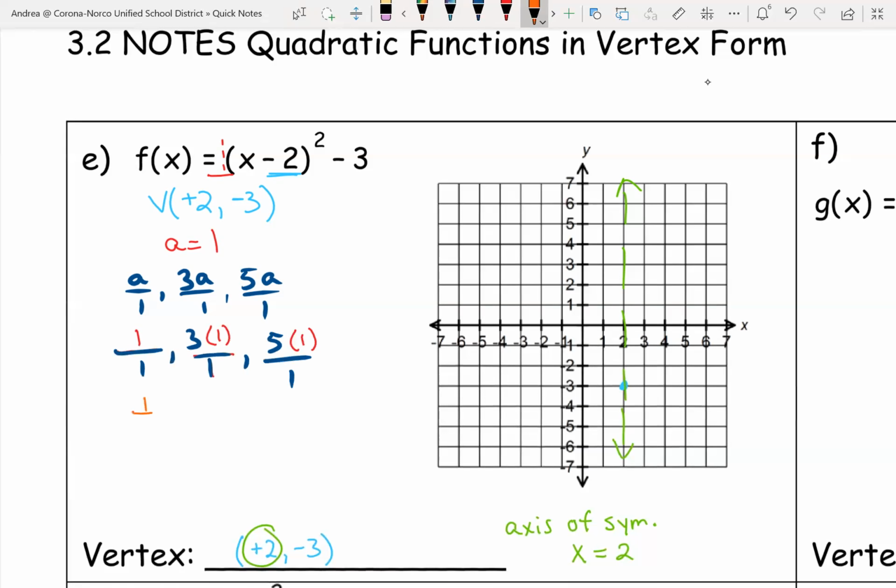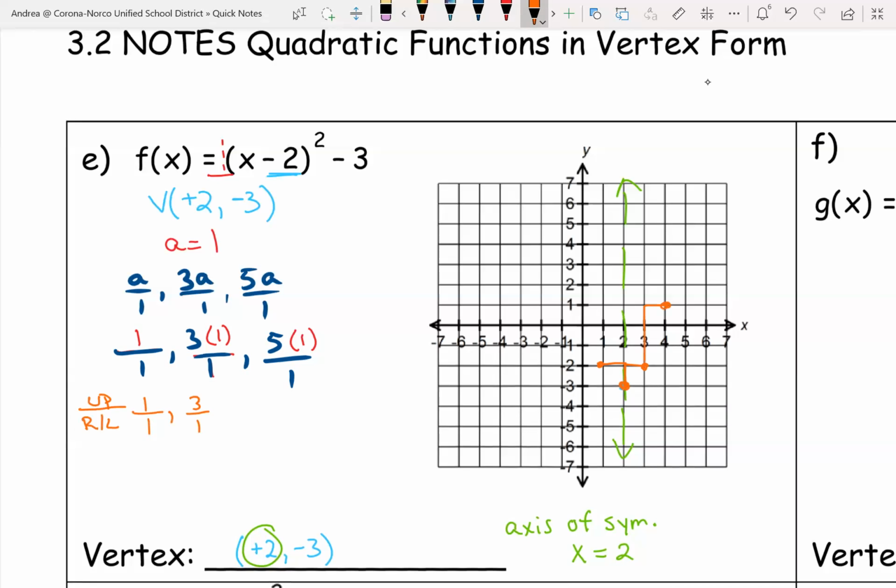Okay, so our first step is 1 over 1. So from this point, I move up 1 and then to the right 1, and up 1 to the left 1. So again, since this is all positive, it's going to be up and then right and left. The next one is 3 times 1, which is 3 and over 1. So I'm going to move up 1, 2, 3 and over 1.